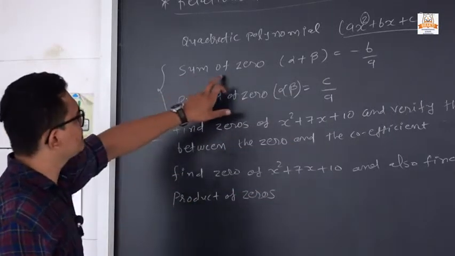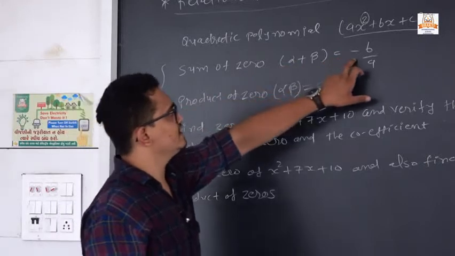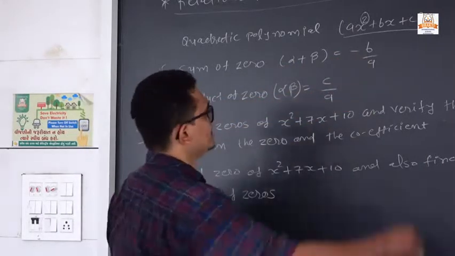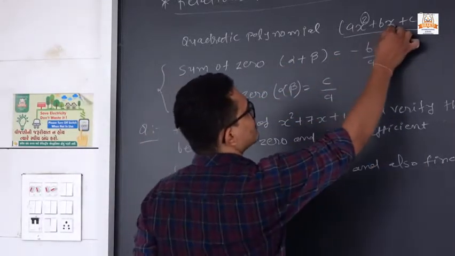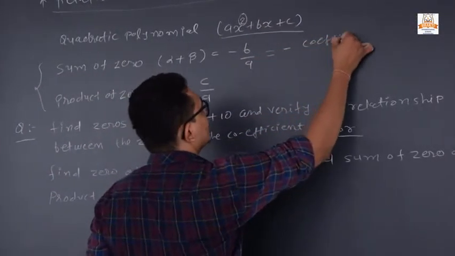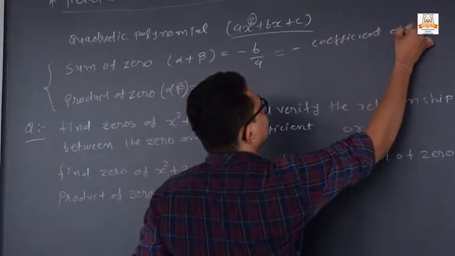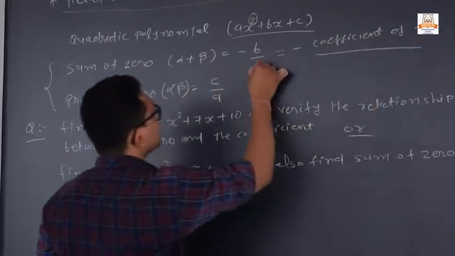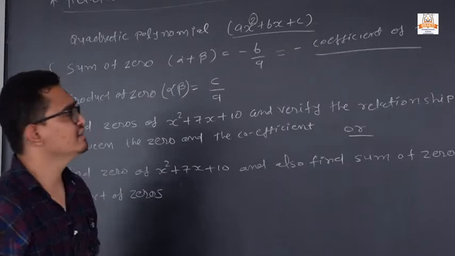So we have a direct formula for that. For the sum of zeros, the formula is minus b by a. Now, what is b and what is a? b means the coefficient of x, so here we can write coefficient of x upon a, which is the coefficient of x square.